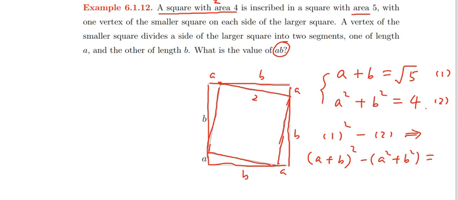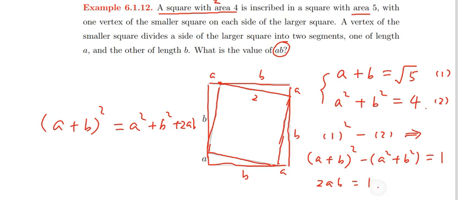We have (A plus B) squared equals A squared plus B squared plus 2AB. So we find 2AB equals 1. So then AB equals half.